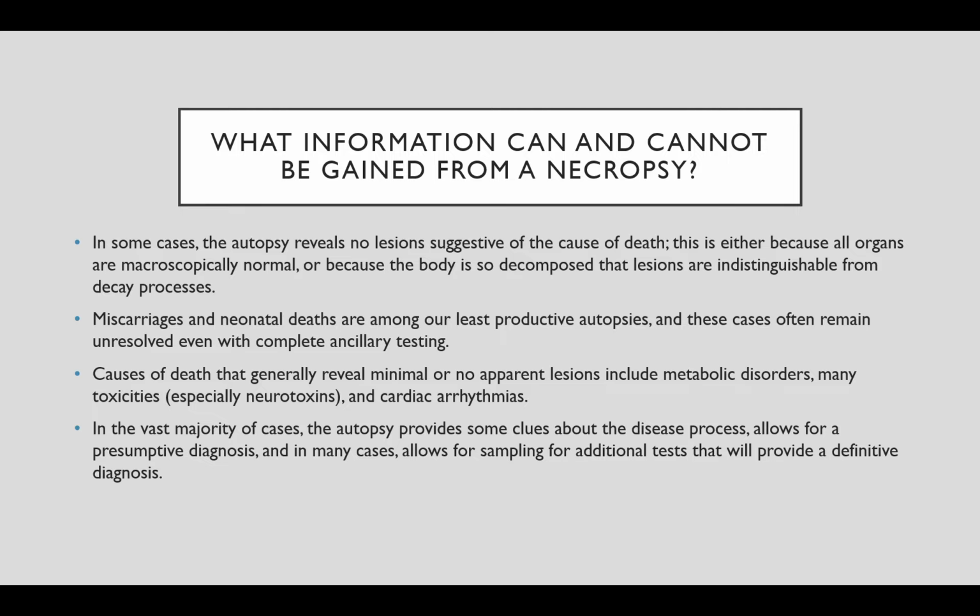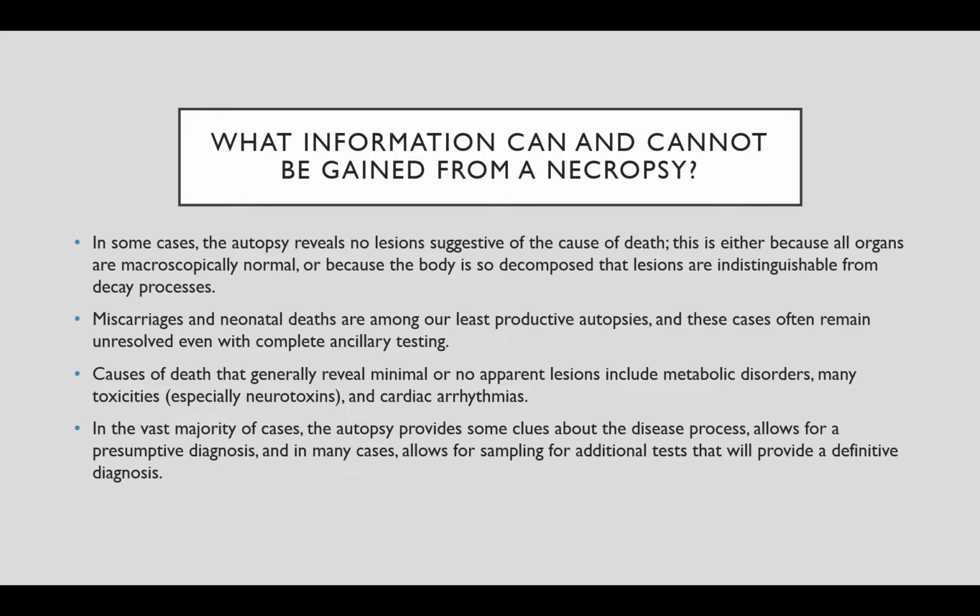In some cases, the autopsy reveals no lesions suggestive of the cause of death. This is either because all organs are macroscopically normal or because the body is so decomposed that lesions are indistinguishable from decay processes. Miscarriages and neonatal deaths are among our least productive autopsies, and these cases often remain unresolved even with complete ancillary testing.